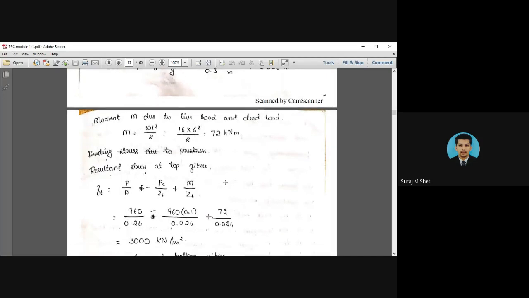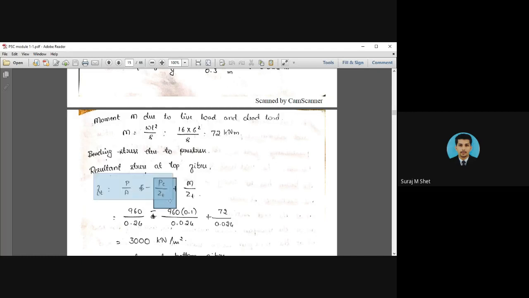Got it? Why I am taking this P into E is because the pre-stressing force, the 960 kilonewton, is not acting at the center. It is acting at a distance of 0.1 meter from the center. That's why the formula will change.